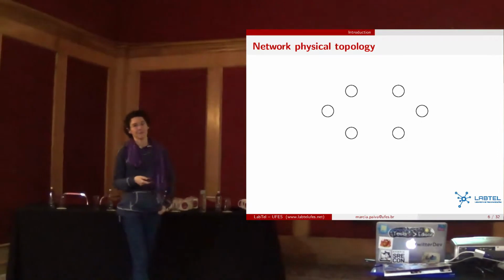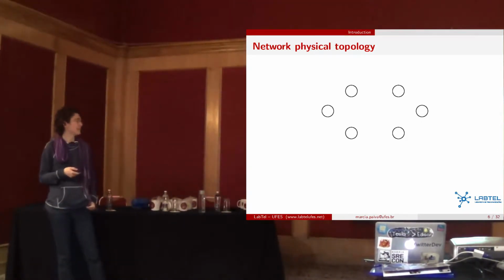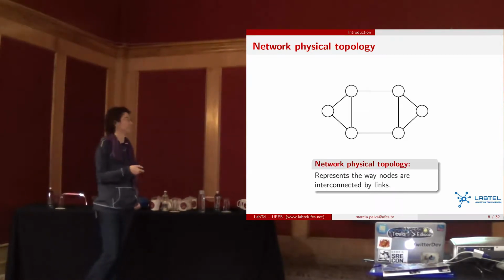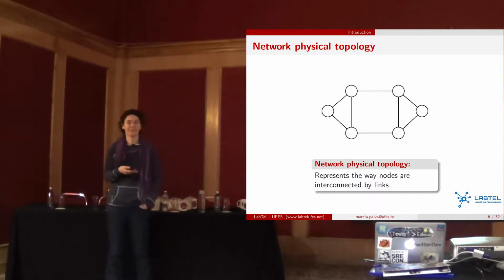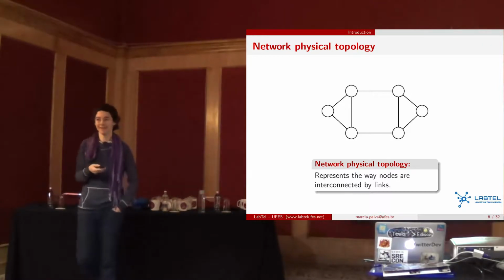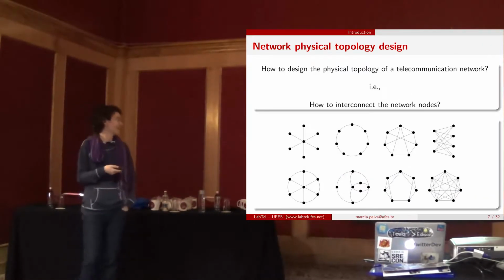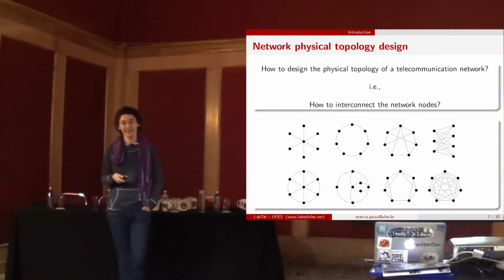So the problem of the network physical topology is, given a set of nodes, how to interconnect them. The network topology is the way the nodes are interconnected by the links. This is an example, but we could interconnect the same number of nodes in different ways.